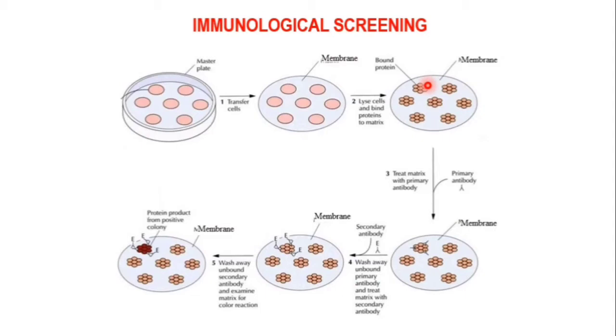DNA, RNA and lipids will be removed. Only the colony proteins will be attached to the nitrocellulose membrane.